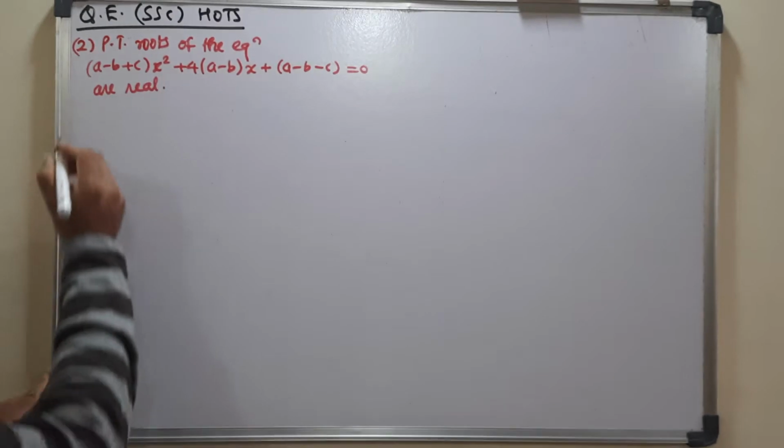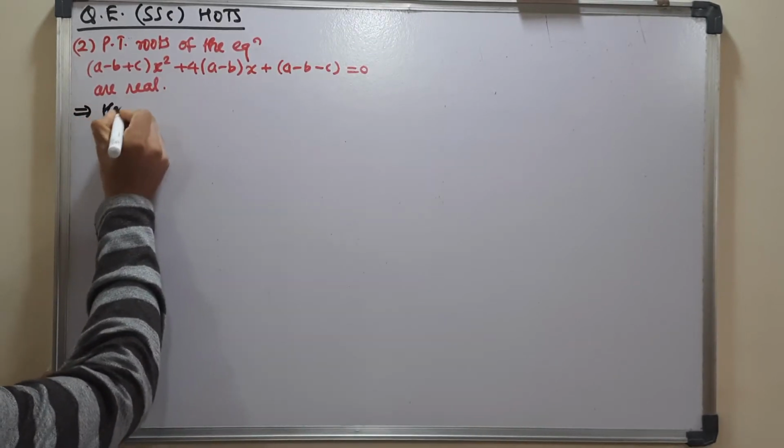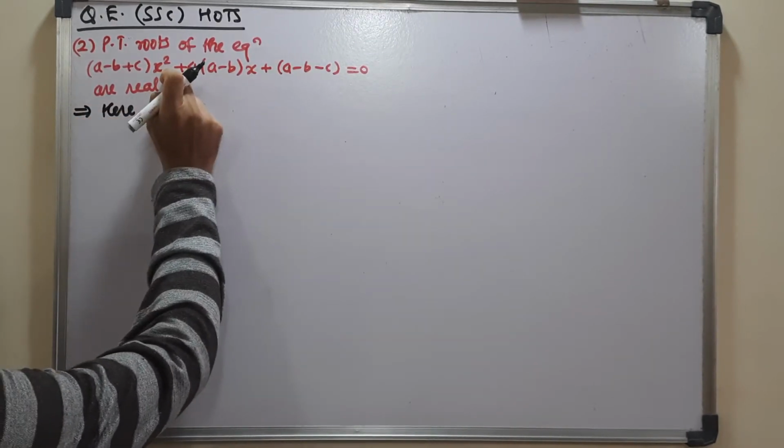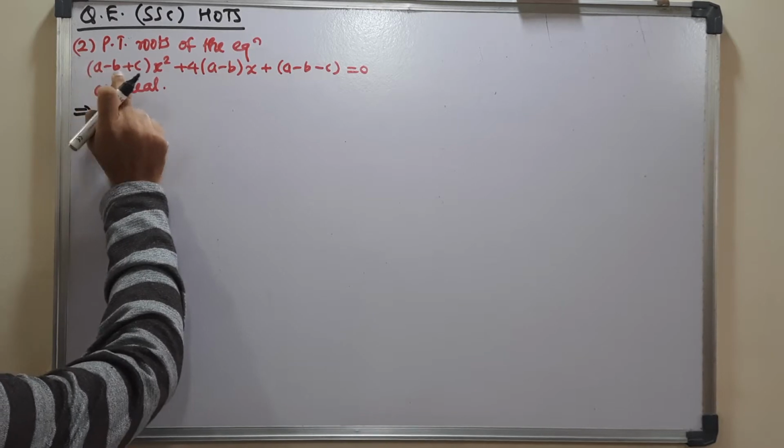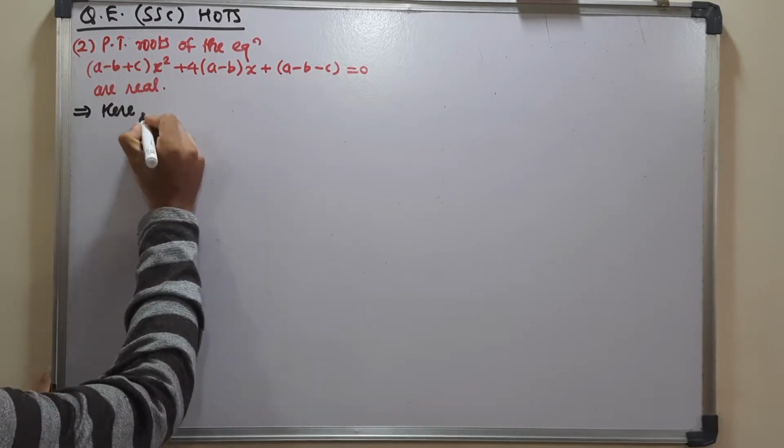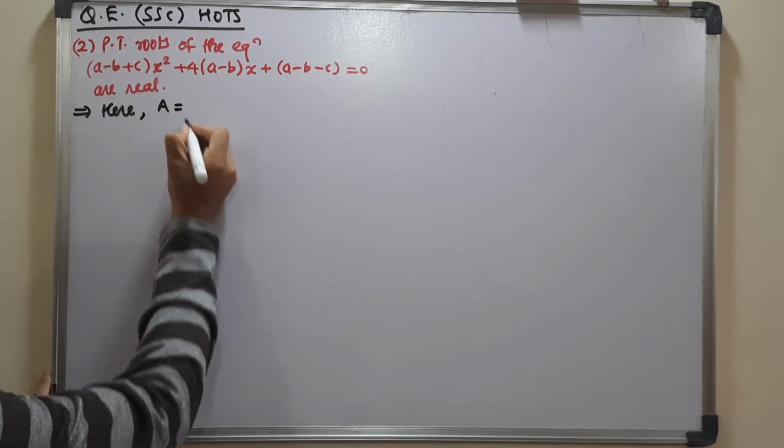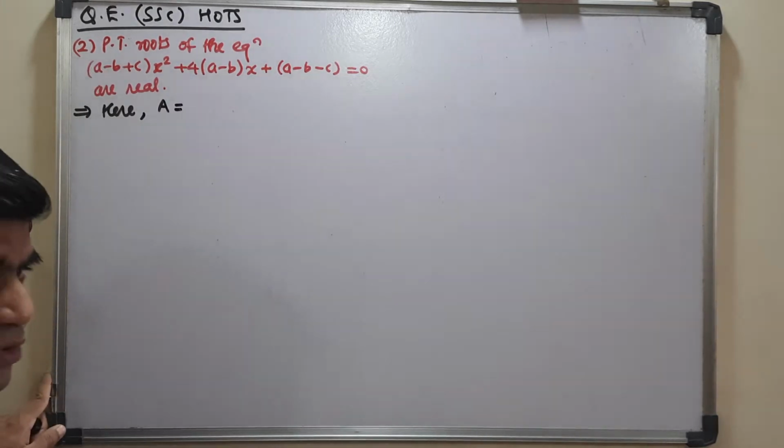So here if you check out, this is x square, that means whatever coefficient is over here, that resembles the value of A. I am taking it as capital because A, B, C small are already used over here.